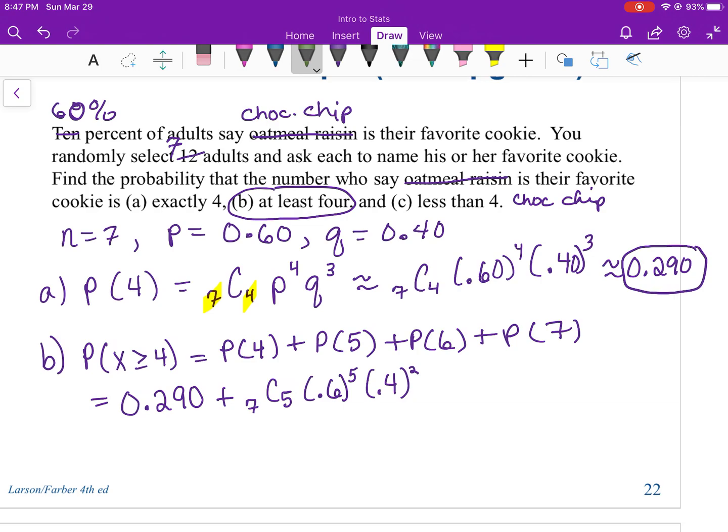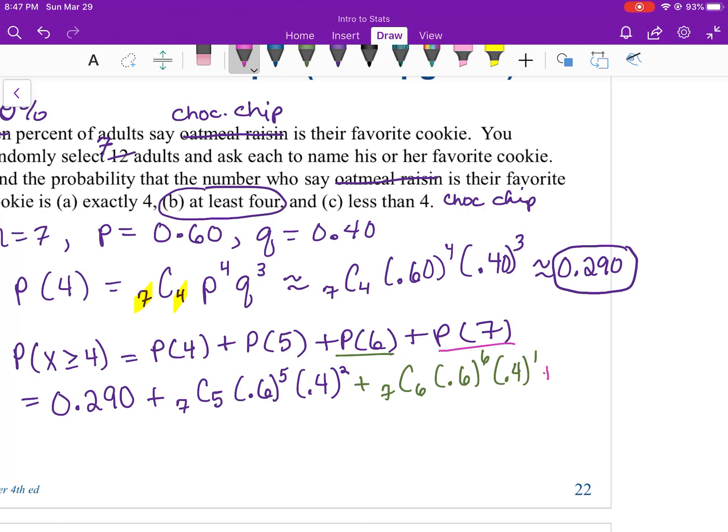And how about I start color coding these for you? So the 6th one I'll do here in green. So 7C6, 0.6 to the 6th, 0.4 to the 1st. And then we'll put the 7 one in purple.